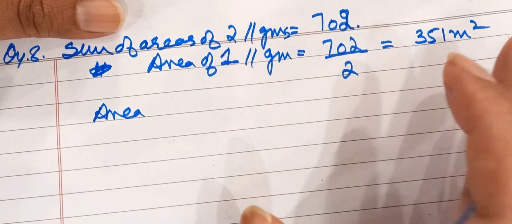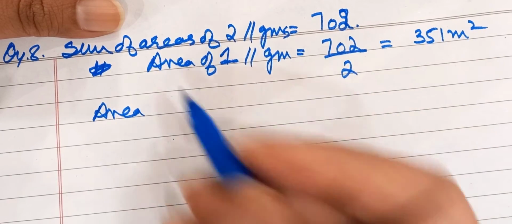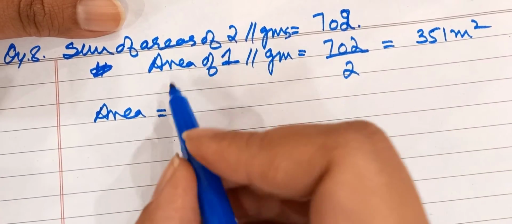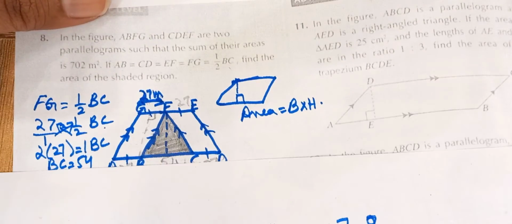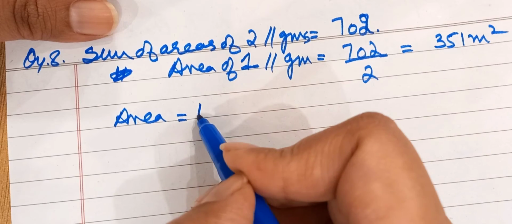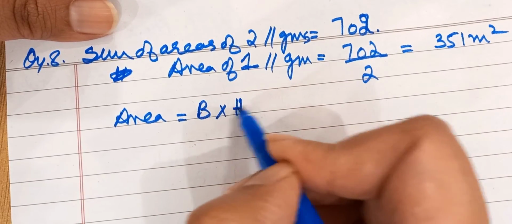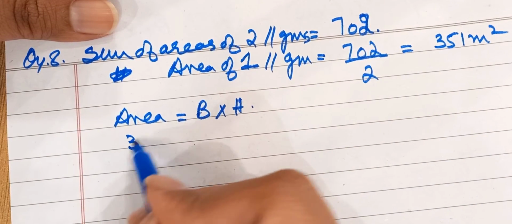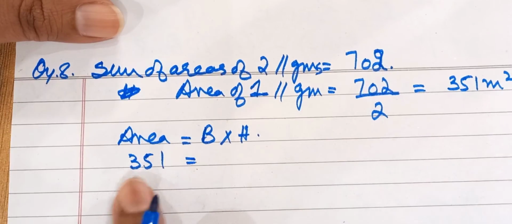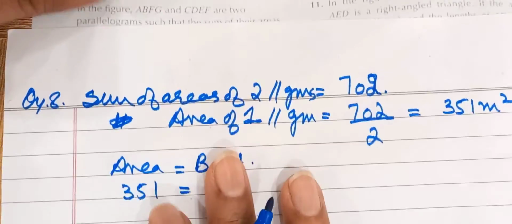Now I'll write the formula of area, because area is given. First we have to find the area of one parallelogram, then I will write down the formula for the area of a parallelogram, because here we are dealing with a parallelogram, which is base into height. Area I will write 351, the area of one parallelogram.